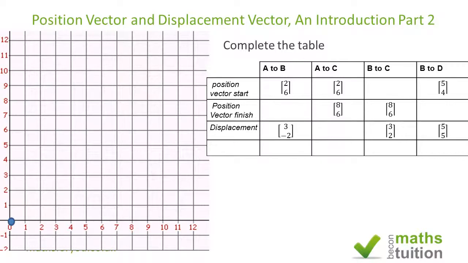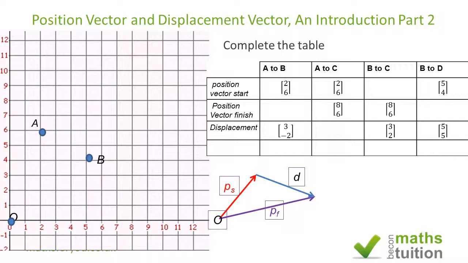Now the town A has got a position vector of 2 units to the right and 6 units up, as (2, 6) is given to us there. Now the displacement from A to B is 3 units to the right and 2 units down.